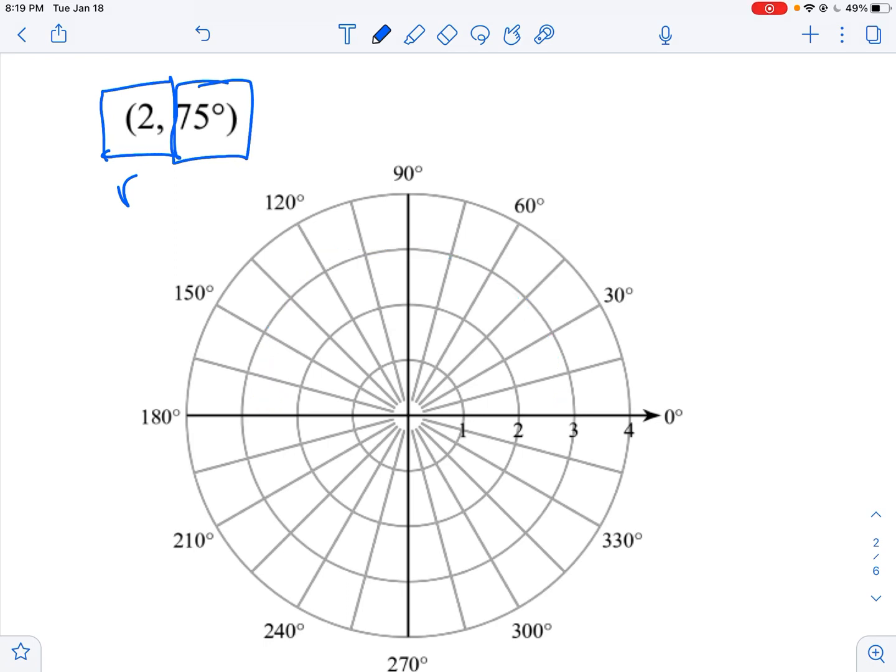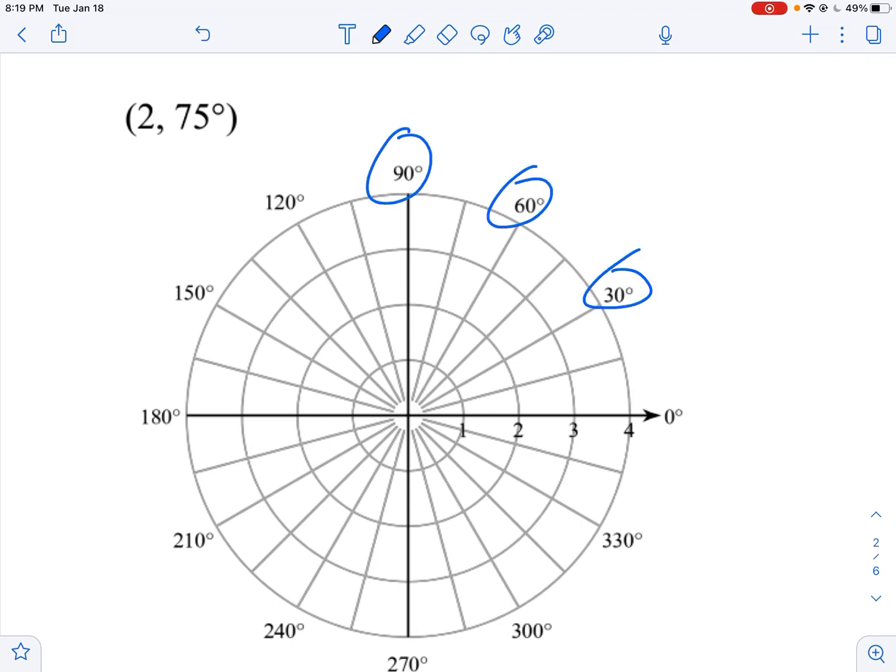Okay. And so if I wanted to graph this point (2, 75 degrees), I go out 2, and then I need to rotate around 75 degrees, and that's where my point is going to be. You may notice that we have our typical unit circle degrees here, and then we have these in-between lines. They're halfway between.